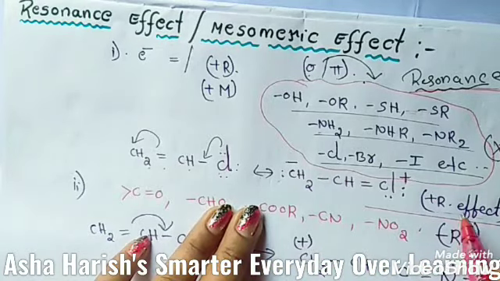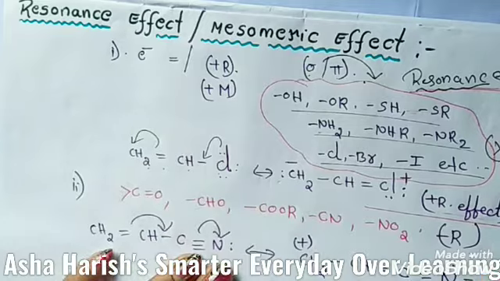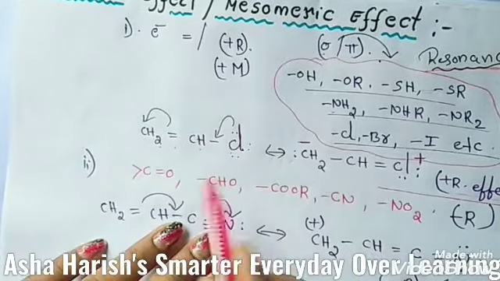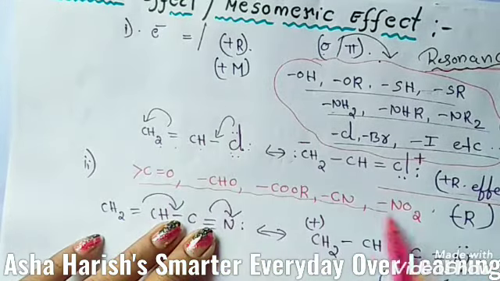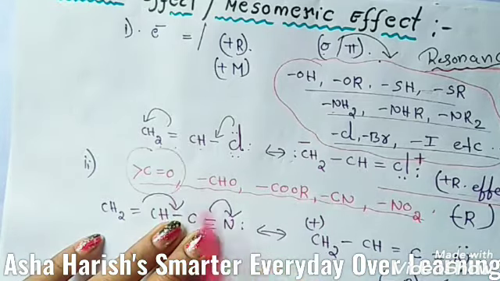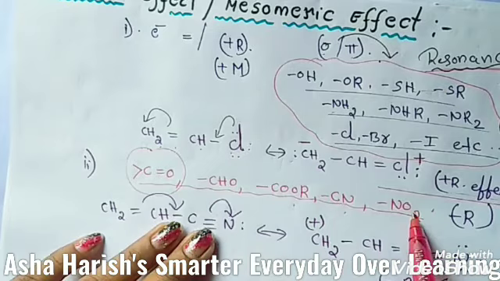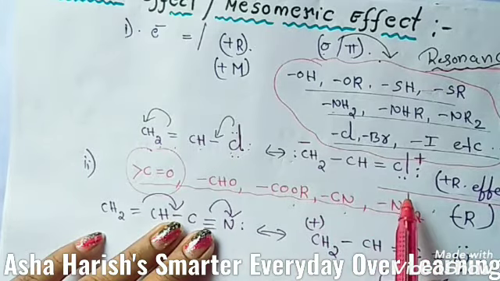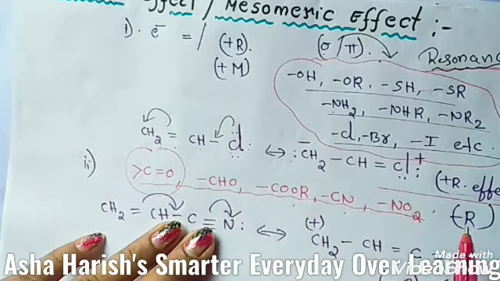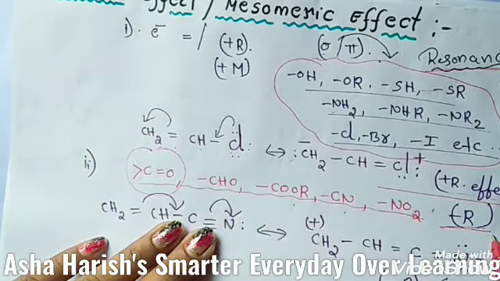And if you see the minus R effect, these are the groups withdrawing electrons: CO, CHO, COR, cyanide group and nitro group. Groups which withdraw electrons from a conjugated system toward themselves due to resonance are said to have minus R effect.